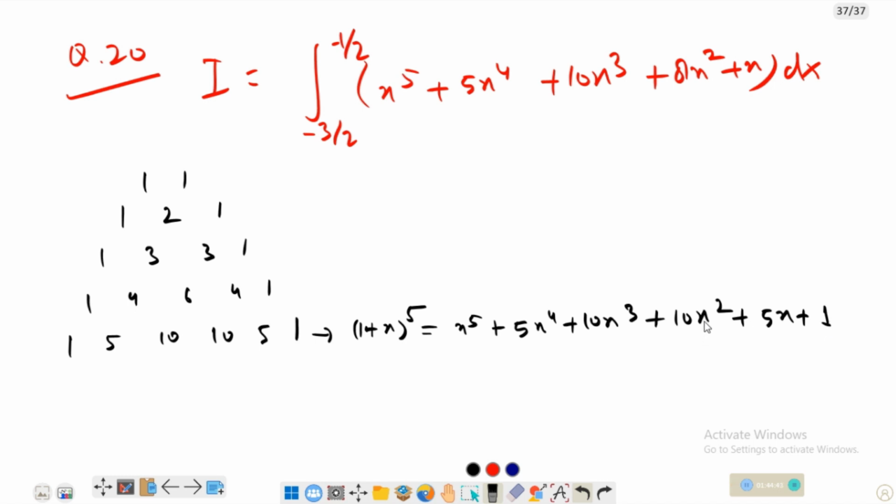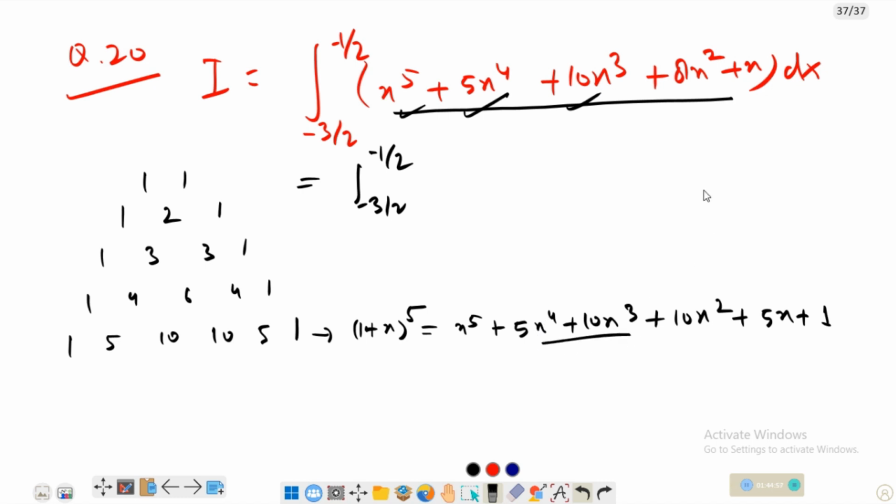So this quantity basically is equal to the integral from minus 3/2 to minus 1/2. The first terms match, but for the remaining part we need 2x^2, here we need 4x, here we need 1, so we need to subtract these quantities.